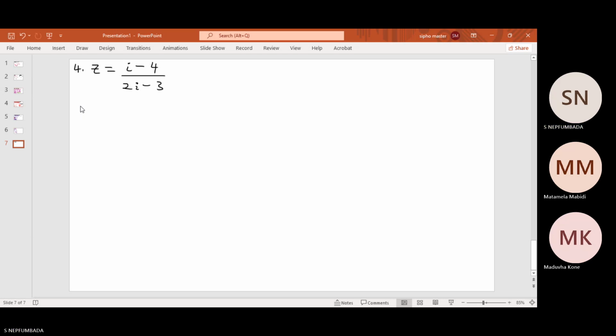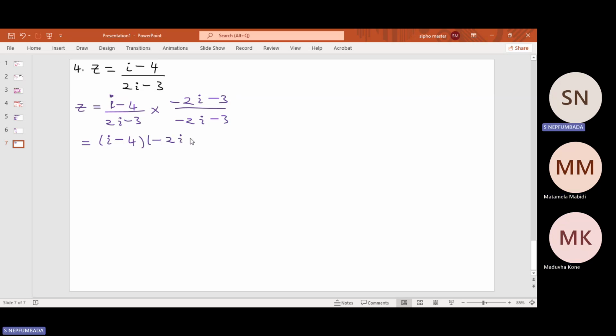So our z is equal to i minus 4 divided by 2i minus 3, multiplied by the conjugate, which is minus 2i minus 3 divided by minus 2i minus 3. Remember, the conjugate only affects the imaginary part. That's all.